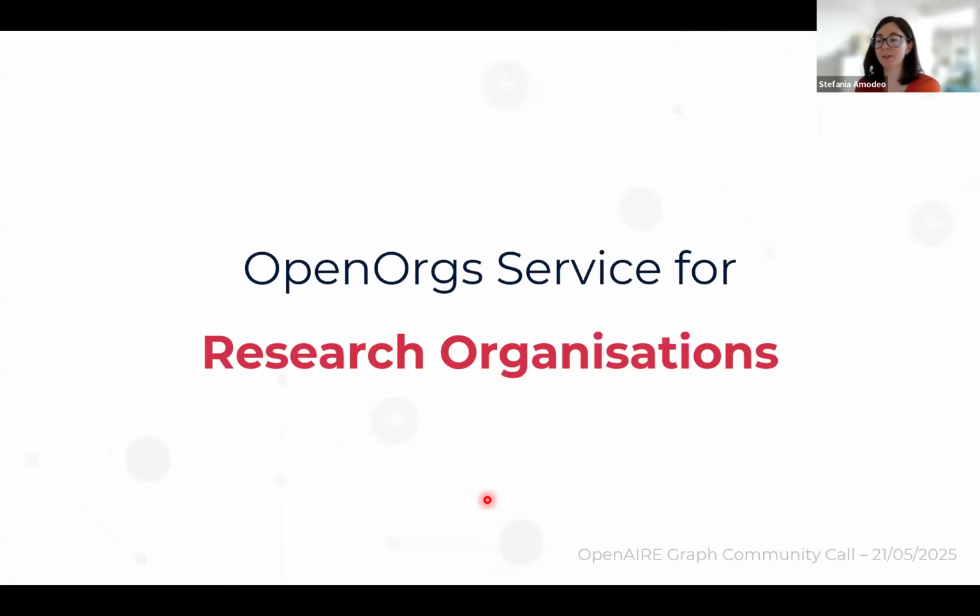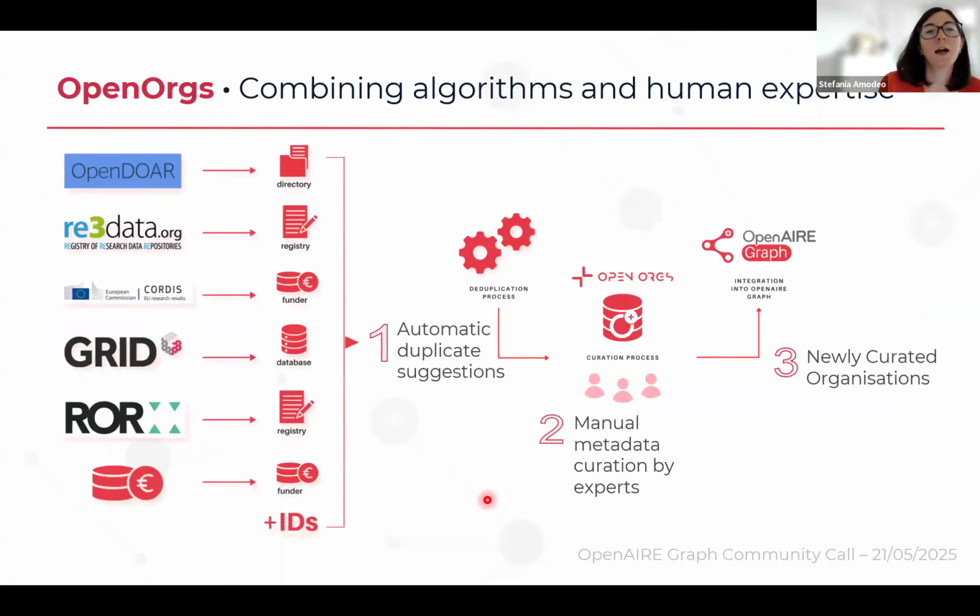Moving on to the organizations. Here, as I said earlier, we rely again on a hybrid process that combines an automatic algorithm and human curation. We do this through a dedicated service called OpenAIRE.